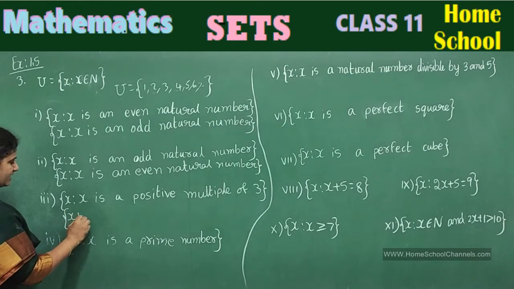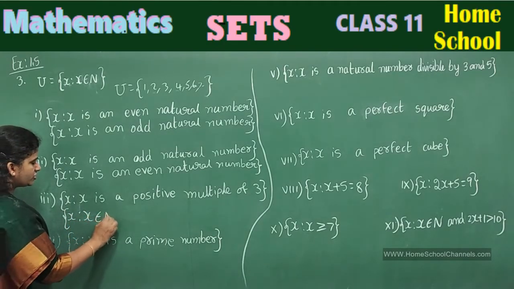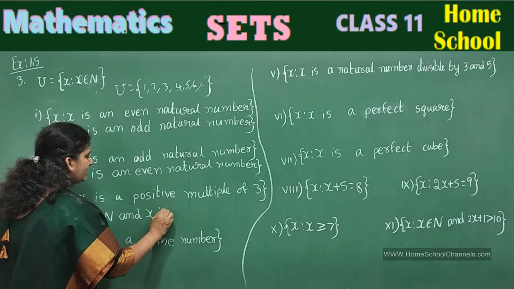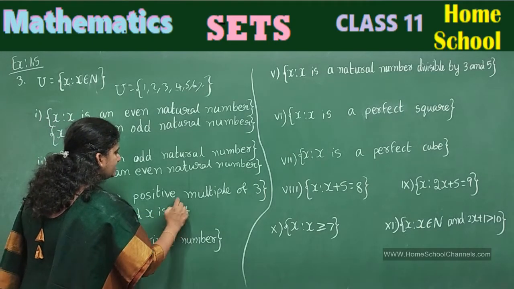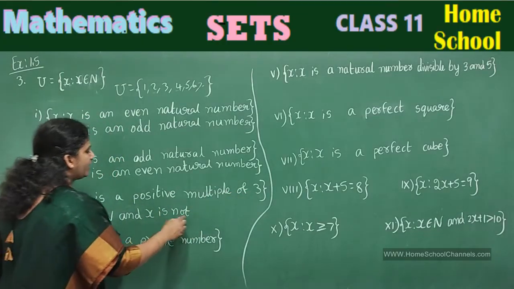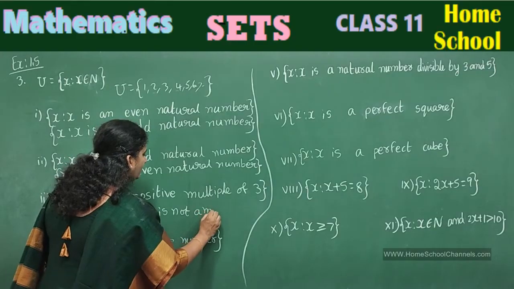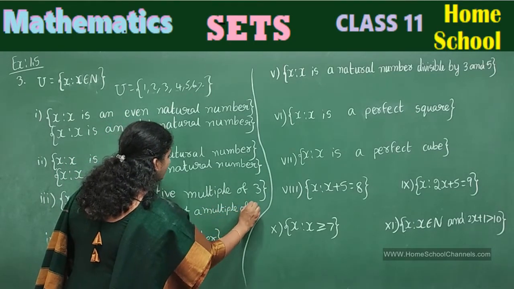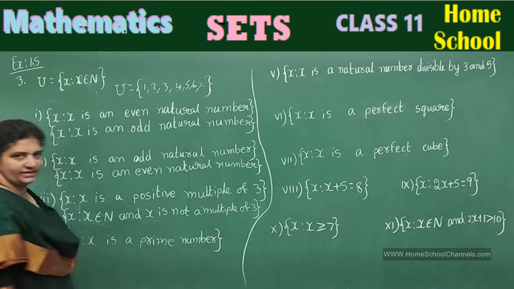Set of all x such that x belongs to natural numbers and x is a multiple of 3 is said here. I will write in its complement: x is not a multiple of 3. Other than the multiples of 3, I can write in the complement set.